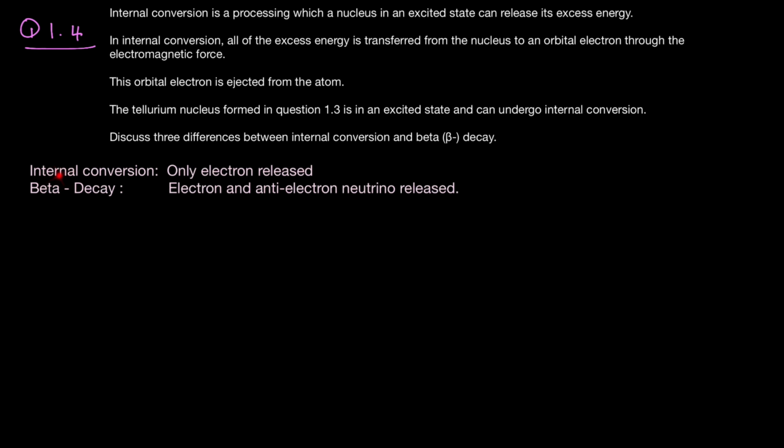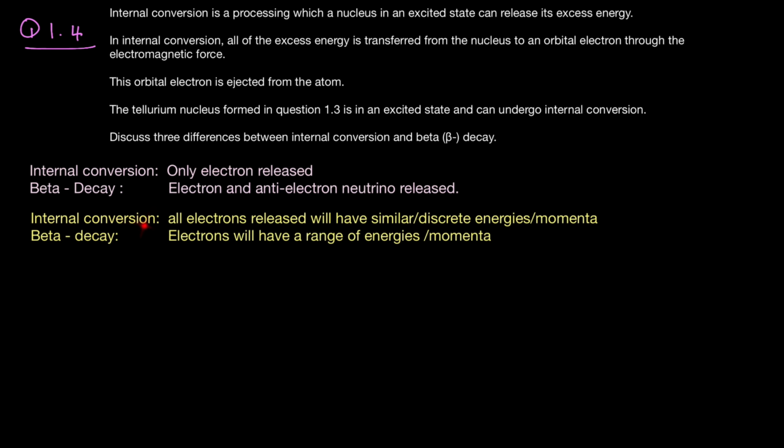For internal conversion, only an electron is released, but for beta minus decay, an electron and an anti-electron neutrino are released. In internal conversion, all electrons released will have the same or similar discrete energies, but for beta decay, electrons will have a range of energies.